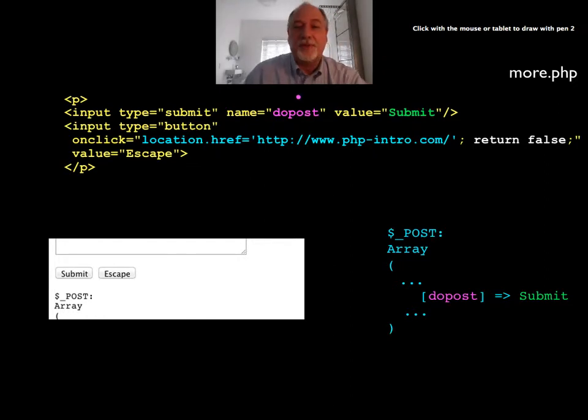Another type is the submit, and the submit basically also has a name. You can have more than one submit, and you can tell the difference between which submit button was pushed by the name of it. So you have 2 or 3 submit buttons.